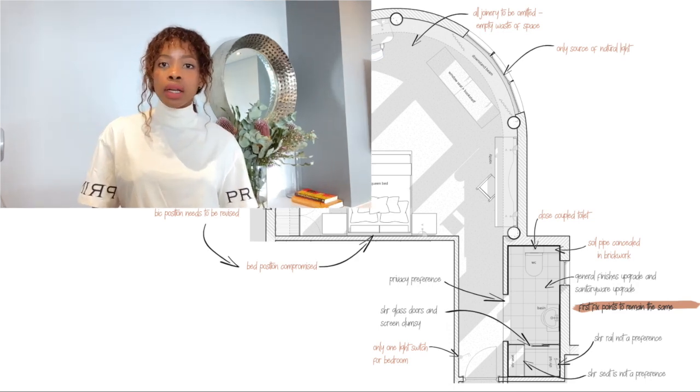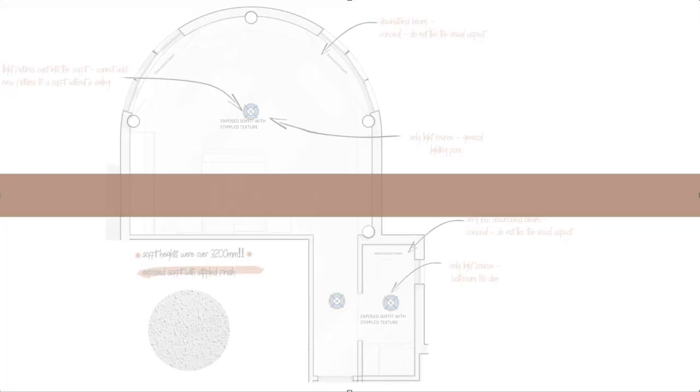So we don't just analyze the floor plan, we also analyze the ceiling. And in my bedroom, or in most of the house, we actually didn't have any ceilings. We had the exposed soffit. And when we speak about soffits, it's basically the concrete slab above any floor, and the underside is the soffit.